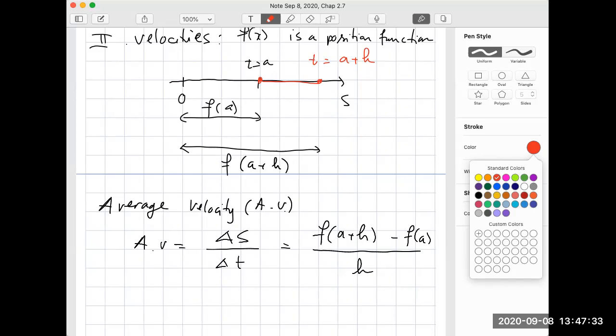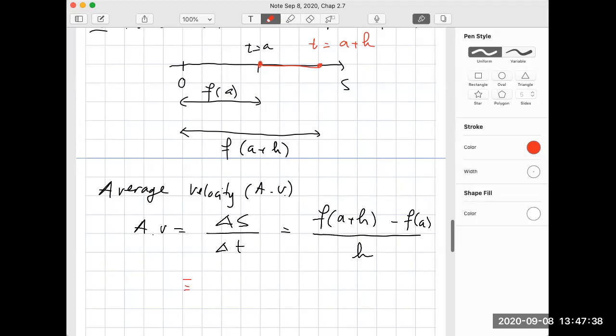From the previous definition, this is also the slope m of the function f of x.